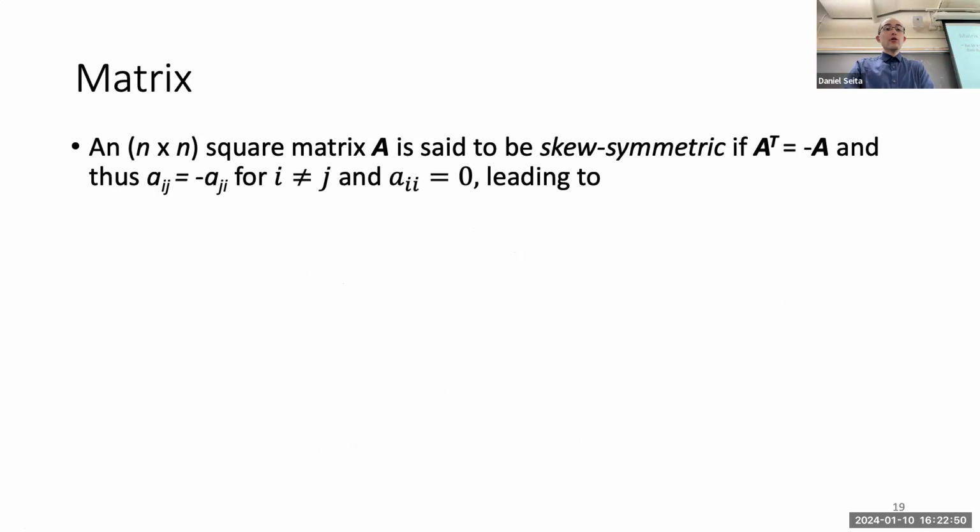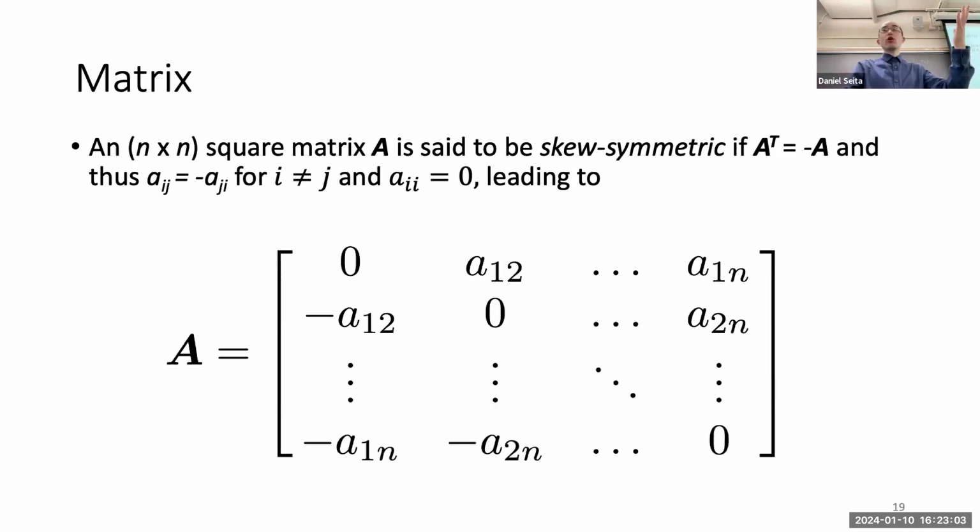All right, so skew symmetric matrices. A skew symmetric matrix is one where A transpose is equal to negative A. Visually, it looks like this. Because the transpose operator doesn't change the diagonal, and because we're negating matrix A, we need the diagonal to be 0.